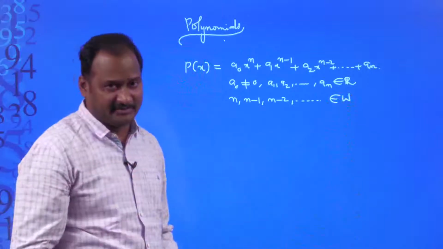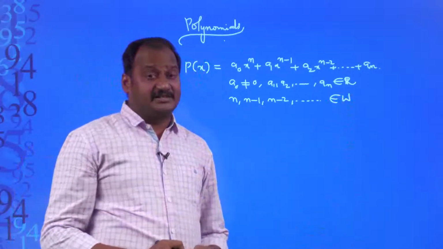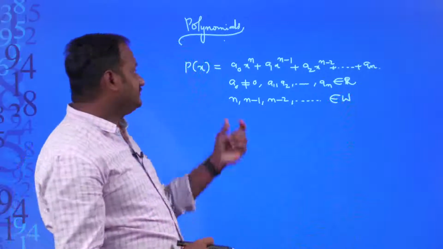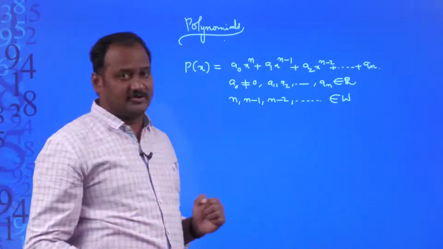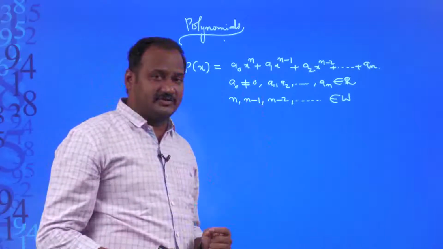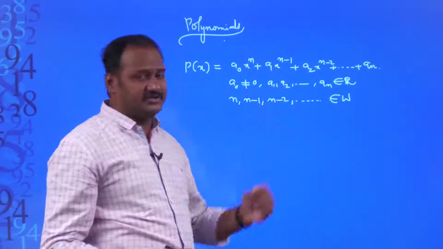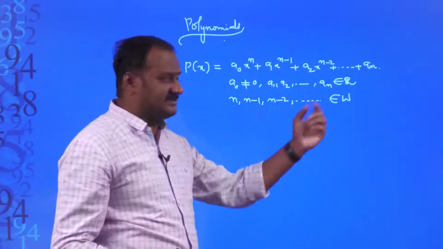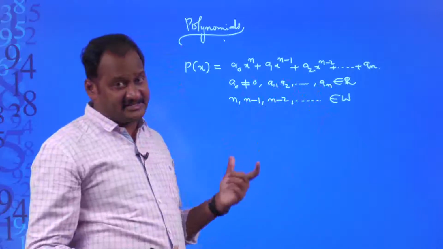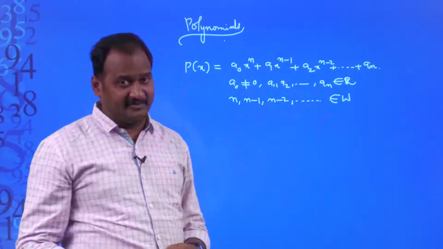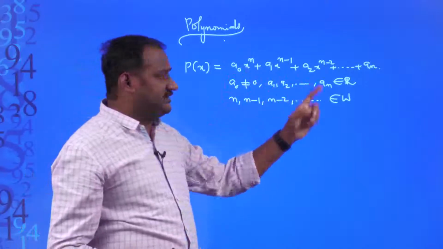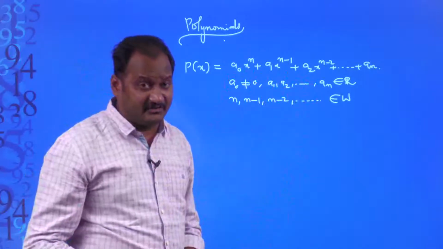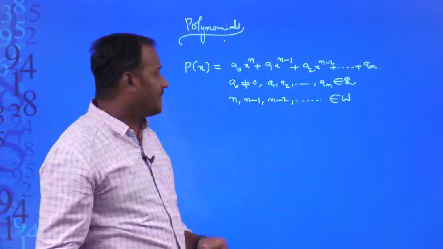They are whole numbers. If an algebraic expression p of x is equal to a0 x to the power of n plus a1 x to the power of n minus 1 plus a2 x to the power of n minus 2 plus so on plus an, in this algebraic expression in terms of one variable, the coefficients are a0, a1, a2 and so on an. They are coefficients of various terms of x.